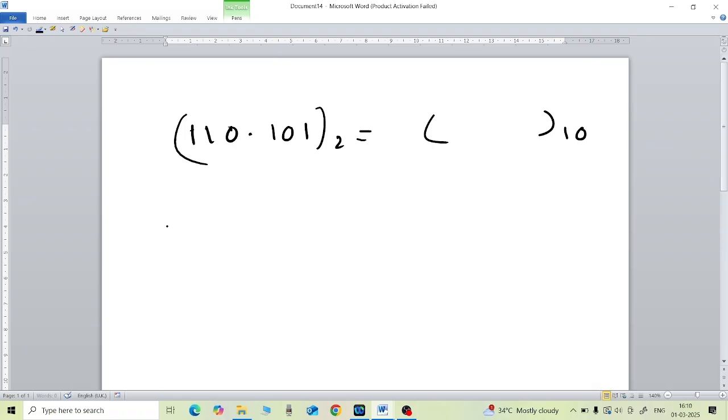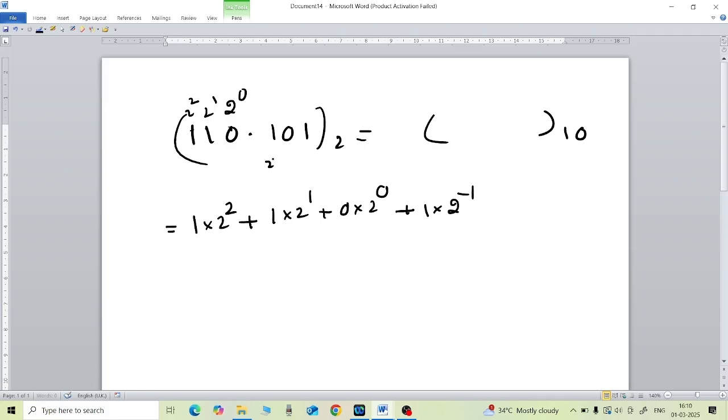I am not going to write the positional weights this time, and I think you have already understood. This is 2 raised to 0, this is 2 raised to 1, this is 2 raised to 2. So 1 into 2 raised to 2, plus 1 into 2 raised to 1, plus 0 into 2 raised to 0, plus 2 raised to minus 1, 2 raised to minus 2, 2 raised to minus 3.